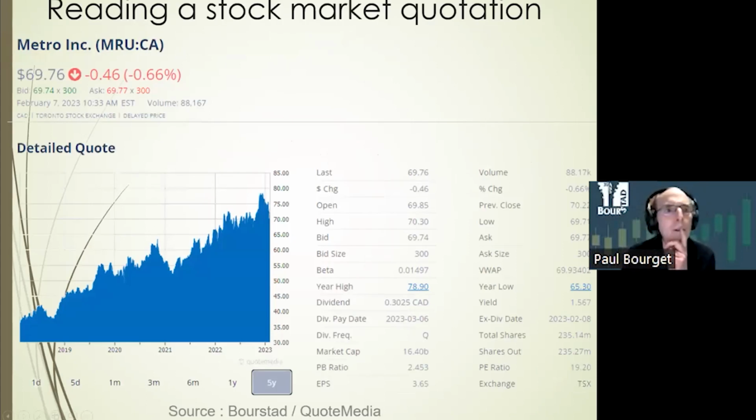Let's now look at how you read a stock market quotation, and we'll get back to liquidity on the next slide. First, we have the quotation of Metro, the large food retailer in Quebec and in Canada. In fact, Metro has stores in other provinces as well as in Quebec. Here we see that Metro today, February 7, this morning, the bid was $69.74.